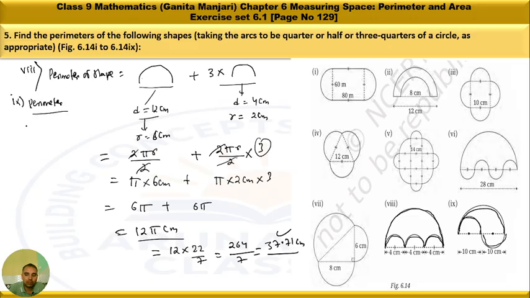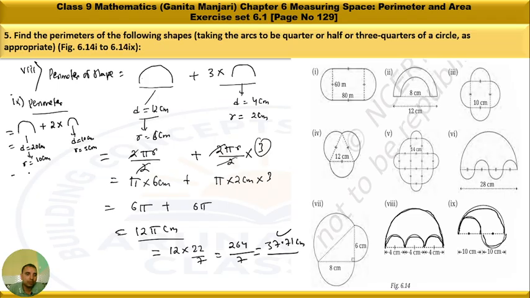So first semicircle is this, and two semicircles are similar, so 2 multiply with the semicircle. The first semicircle is having a diameter of 20 centimeter, so radius will be 10 centimeter, and the smaller semicircle is having diameter as 10 centimeter, so radius will be 5 centimeter.